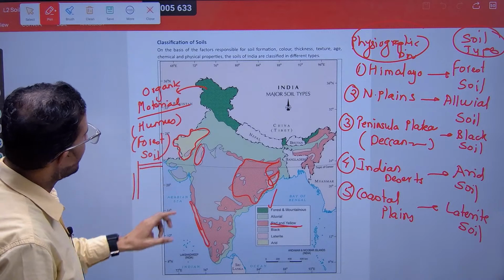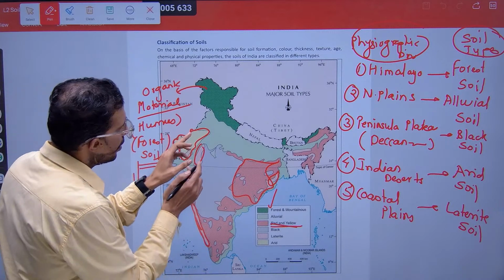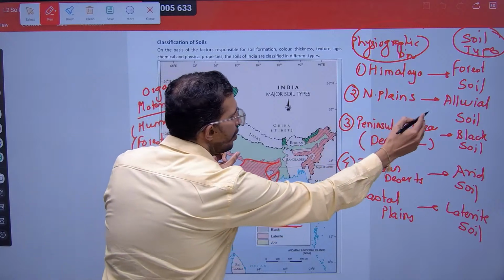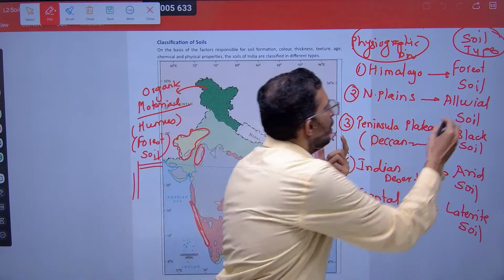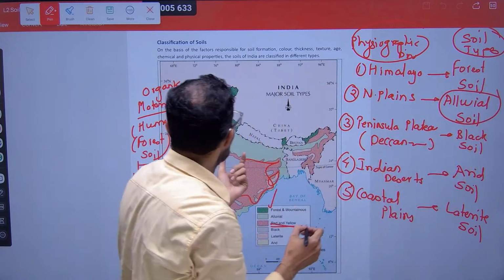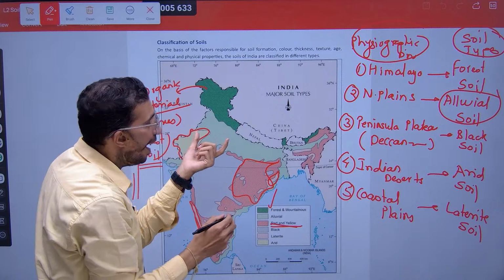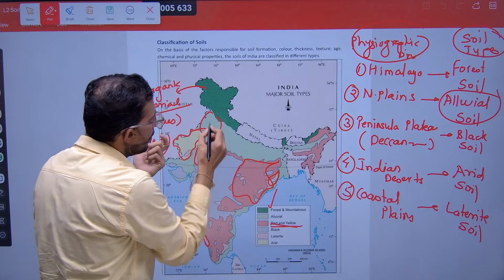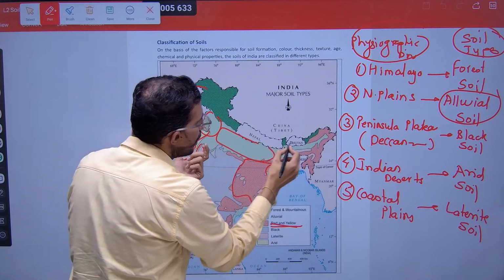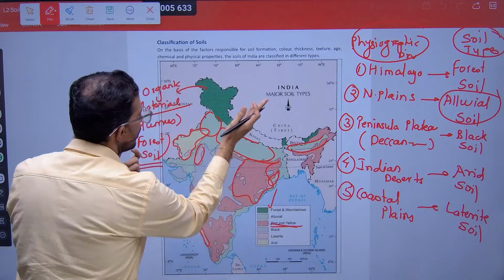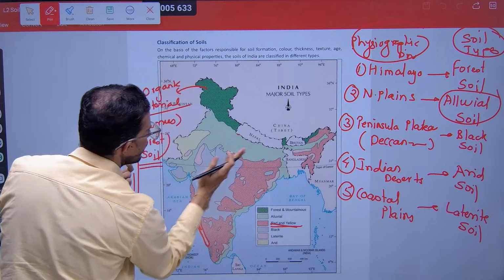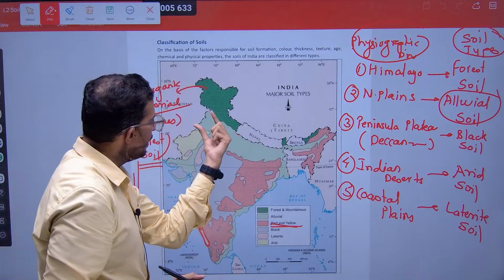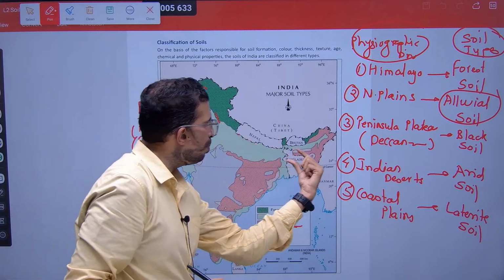First understand, in the northern plains, the alluvial soils have genesis by the Indus river system, Gangetic river system and the Brahmaputra river system. We have seen the northern plains have the same extent.